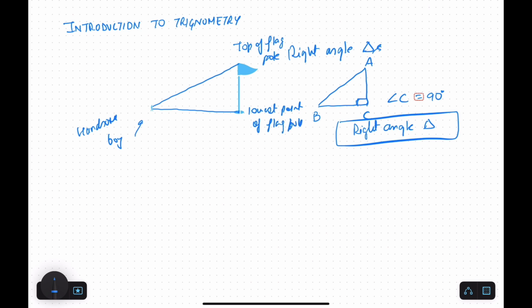So over here this becomes an imaginary right angle triangle.